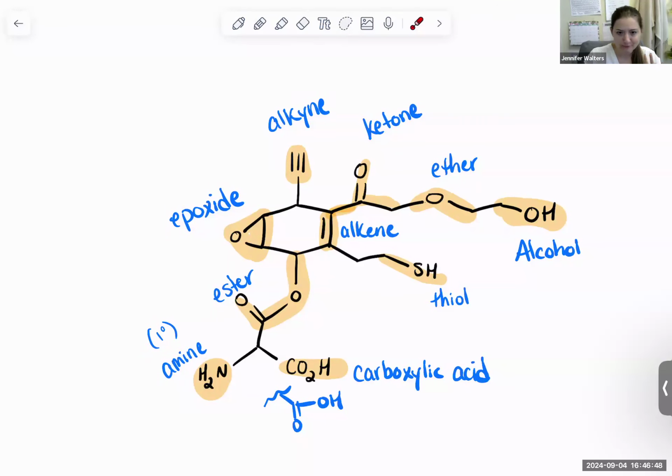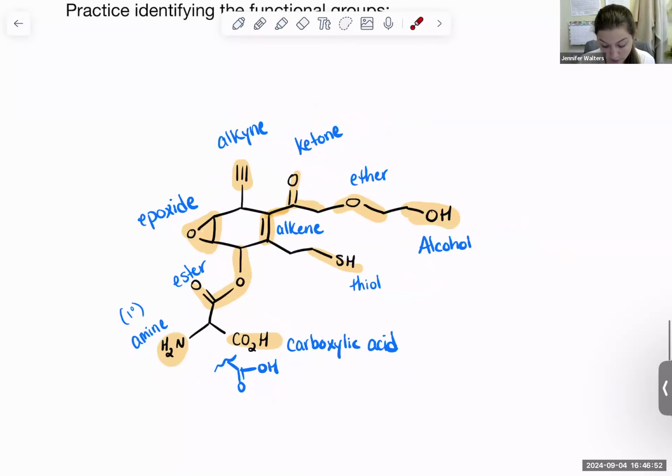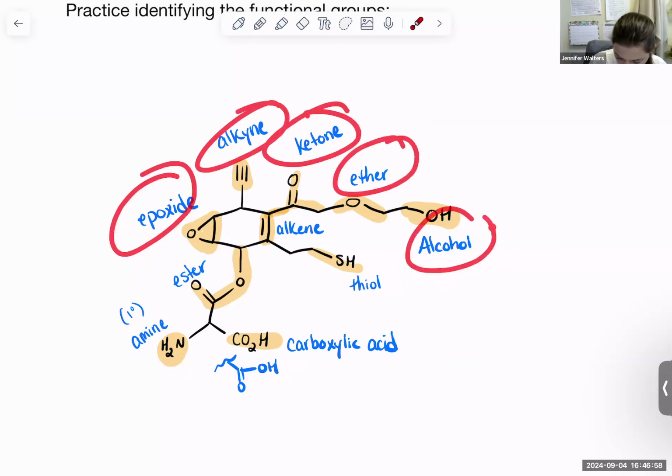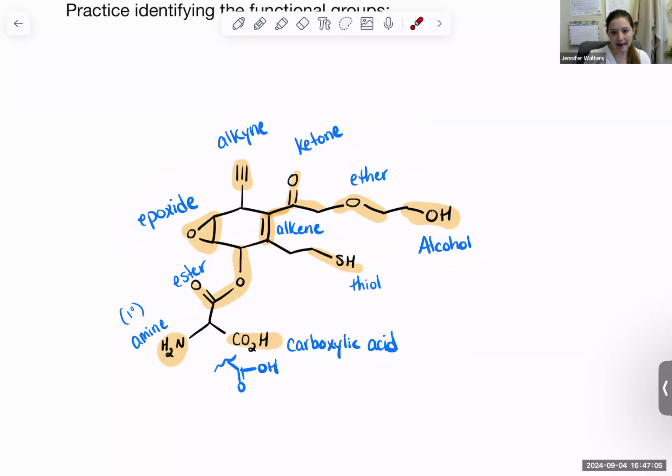They're not functional groups. So for this type of question, if you're expected on a quiz question, it would be something like, how many functional groups are there? All right, I have 1, 2, 3, 4, 5, 6, 7, 8, 9, 10 functional groups on this molecule. There are 10 functional groups.